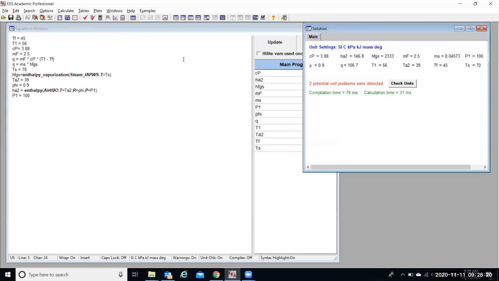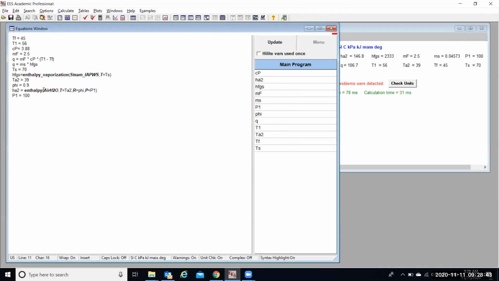kilogram. So this is essentially the idea of operating that software, which is EES. But it has many more features compared to what I'm showing you. Basically, what we have been using is writing the equations. The number of equations is equal to the number of unknowns, and the order is not important.